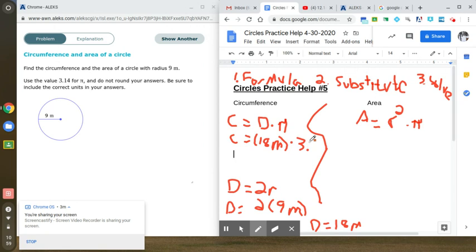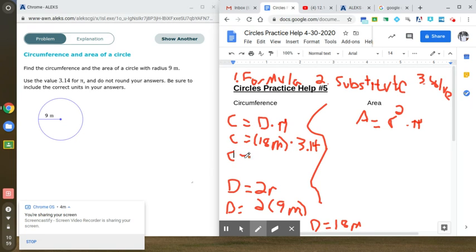I want you to go use your calculator right now. And I believe I have Google Calculator loaded, but I'm going to use my iPhone calculator. And it's important when ALEKS gives you a calculator, use the calculator. It makes the problems easier. And if they let you use a calculator, it's going to be allowed on the state testing next year too.